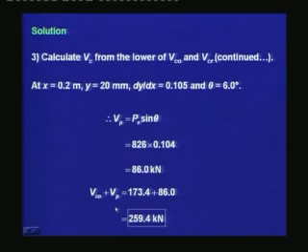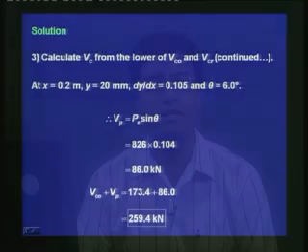Vc0 plus Vp is equal to 173.4 plus 86 is equal to 259.4 kilonewtons. Thus, we have found the first expression of Vc, the capacity of concrete, which is equal to 259.4 kilonewtons.